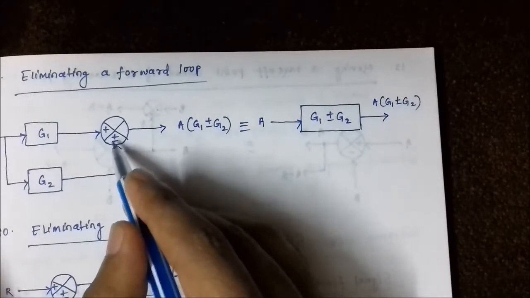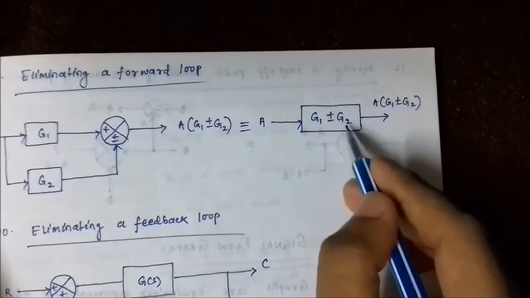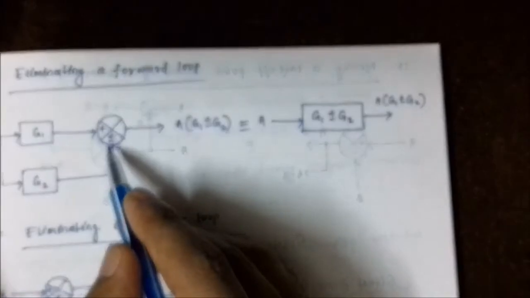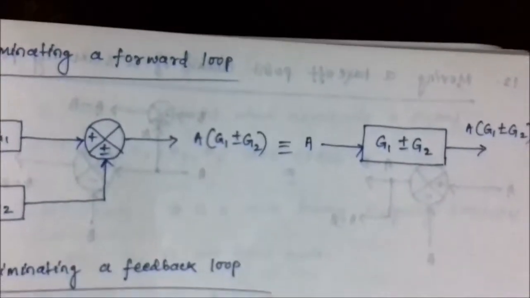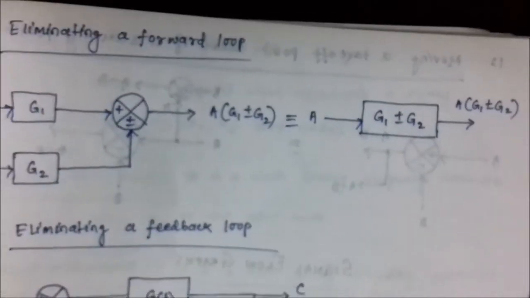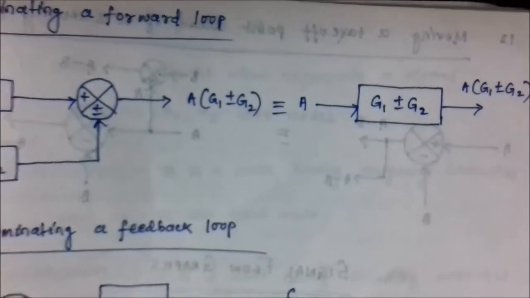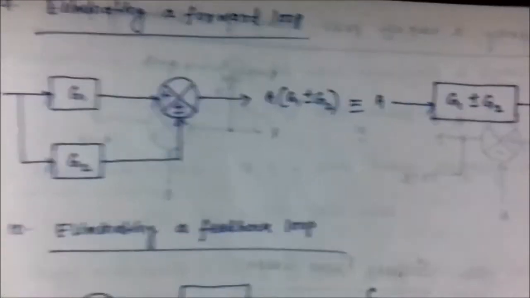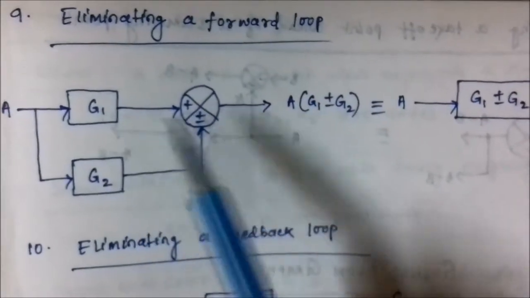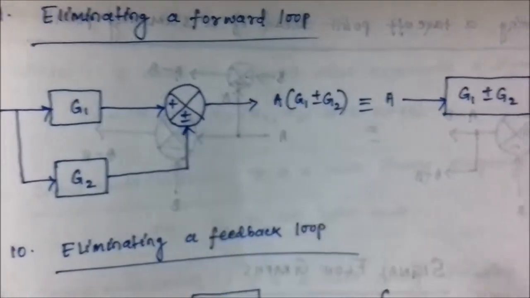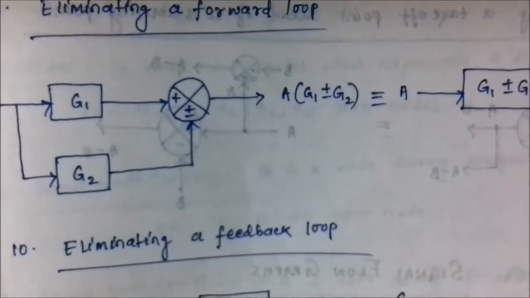If there had been a plus sign here, it would have been G1 plus G2. If it had been negative, it would have been G1 minus G2. So whenever you find a forward loop, just follow the sign notation here, and add or subtract depending upon this sign.